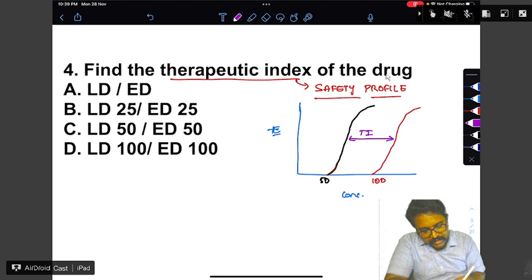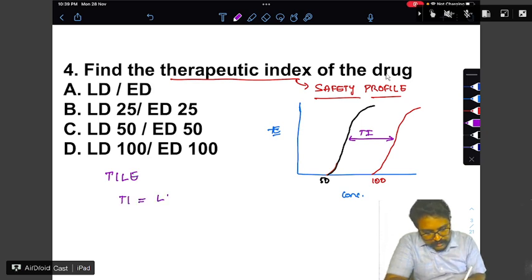You can remember it by the formula: TI is equal to LD50 divided by ED50.